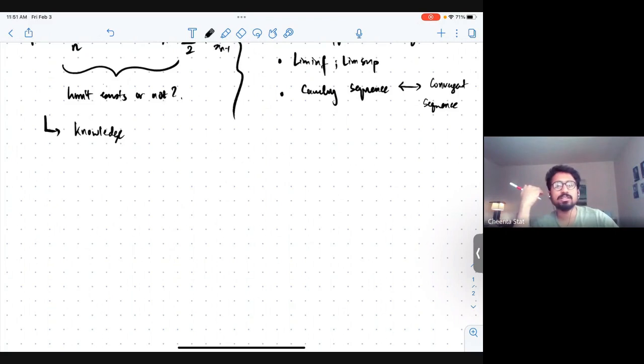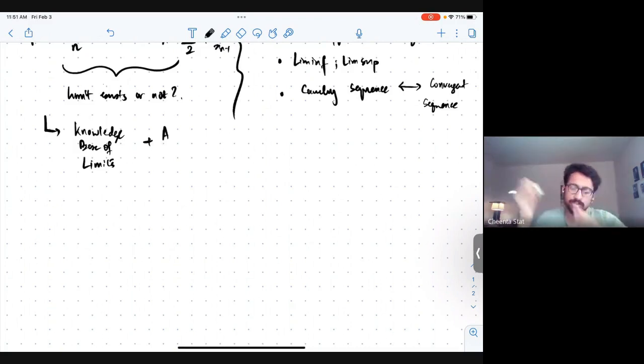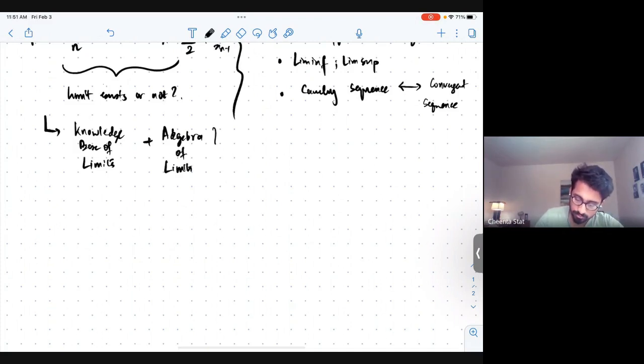For example, sine x by x goes to 0, it's 1, all these basic things. We need to prove it mathematically, but essentially it's a knowledge base of limits. You know that these limits converge, and you know the limit. And you add the algebra of limits: the addition of two limits converges to the addition of the limits, and all these things. It's how the limits and sequences interact with each other.